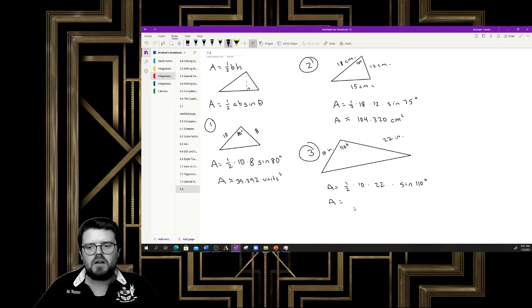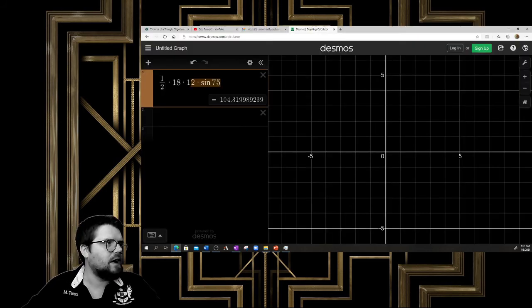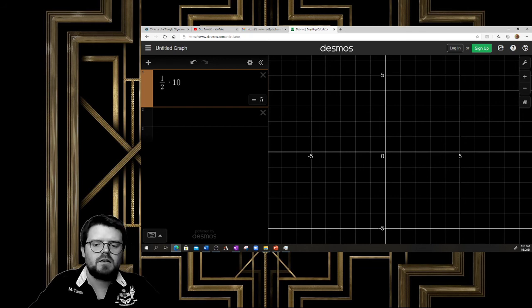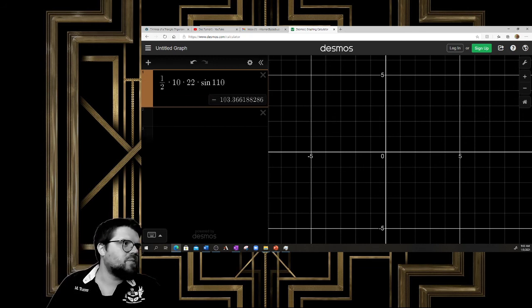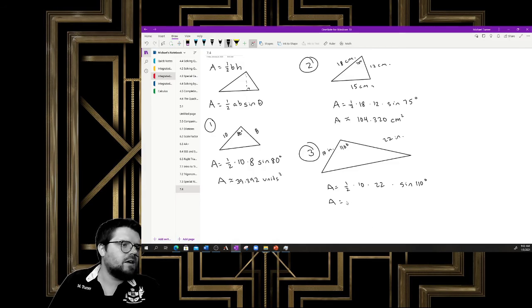Once I write out the area formula, it's just a matter of plugging it into the calculator. So 1/2 times 10 times 22 times sine of 110 degrees, which gives me an approximate area of 103.366, and this is inches, so because it's area, inches squared.